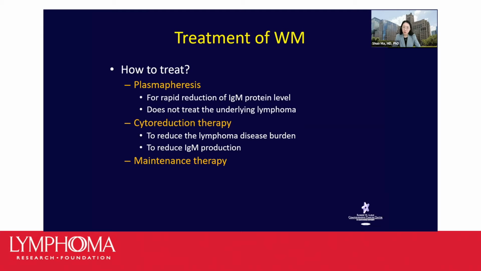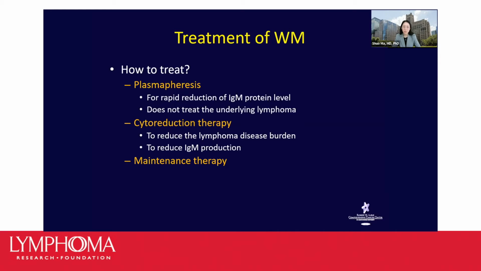So when it's time to treat, we have to think about the different phases of treatment. I mentioned the word plasmapheresis. This is a special treatment really only indicated for a patient who has a very high IgM protein level and is having hyperviscosity syndrome, or we're concerned about the risk of developing hyperviscosity syndrome.